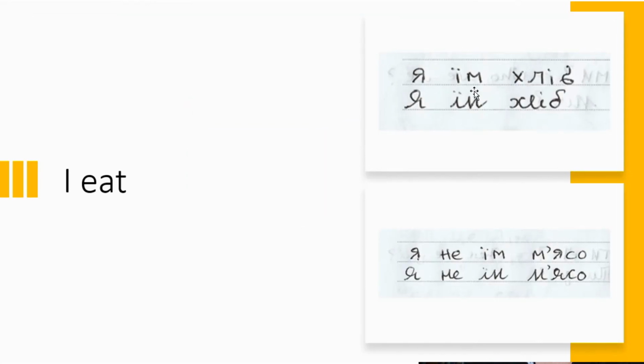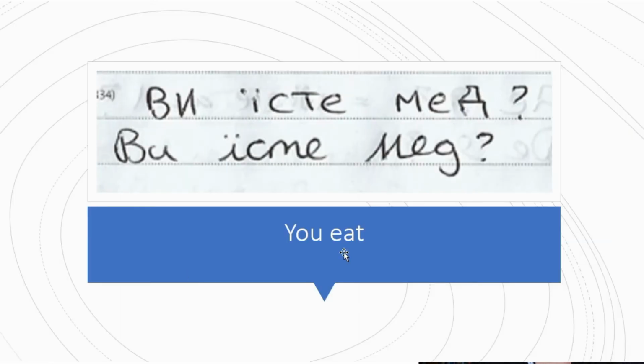I eat. Їм. Great word for I eat. Я їм хліб. Я не їм м'ясо. I don't eat meat. I eat bread, I don't eat meat. You eat. Ви їсте мед. Do you eat honey?